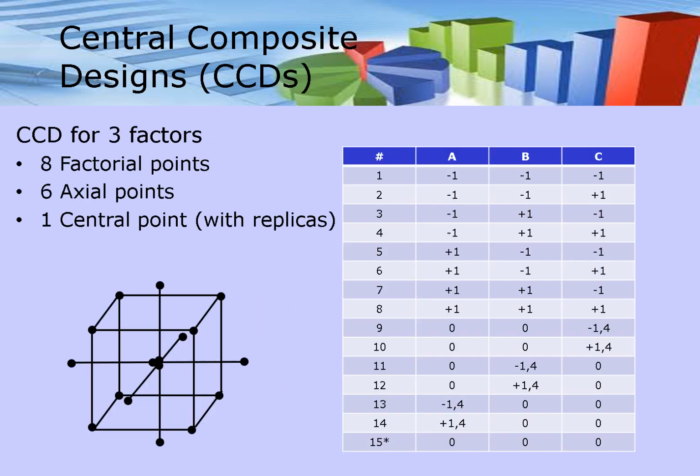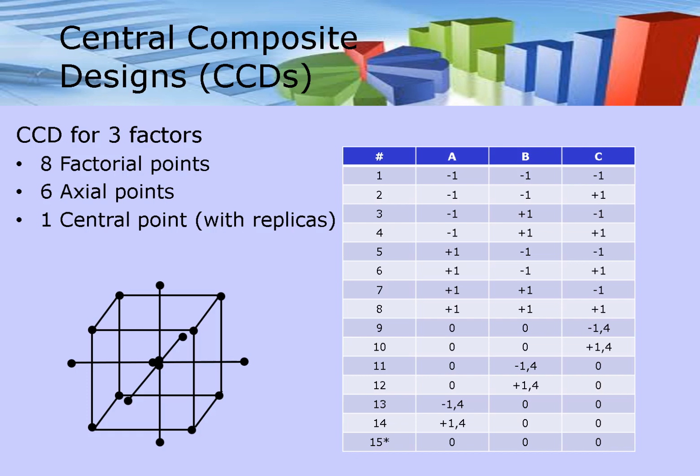Central composite designs are useful optimization designs since they allow one to use the results obtained from the screening design and add some additional points in order to solve the limitation of factorial designs.